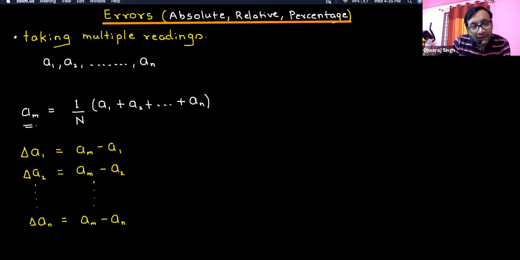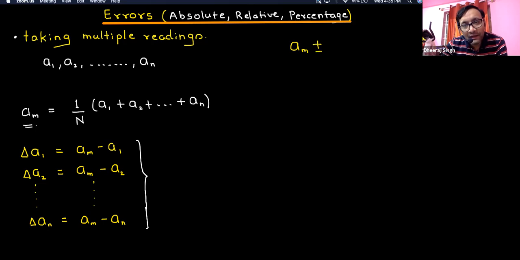So like this, we have found the error in all the readings by assuming that the mean reading is the true value. Now I am asking you to find the overall error in the experiment. The true value is, let's say, Am. Am is the true value which you have found. You need to write something here, plus minus some error. How to write that?